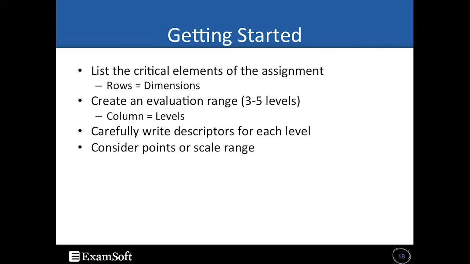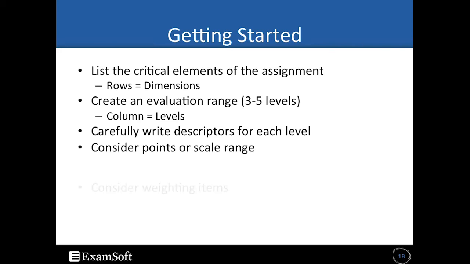Next, as you're getting started, you need to think about, do you want to assign points to each one of those levels, or do you want to use a scale range? And the difference in that would be, if you do points, that would be if that level is chosen, that's the set of points that is assigned.